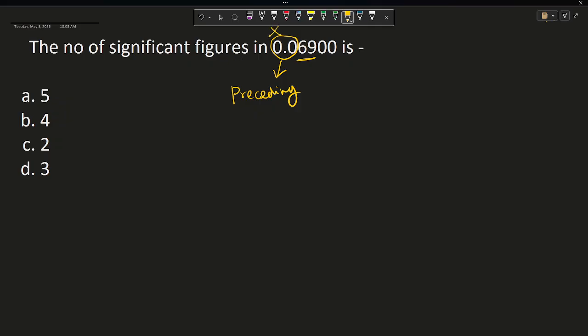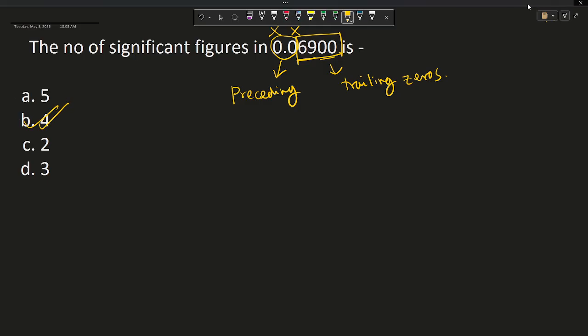So this one will not be countable and this one will also not be countable, and these two zeros after non-zero digits are known as trailing zeros. So trailing zeros are always countable after the decimal. So the total number of significant figures is these four. So the right answer will be option B.